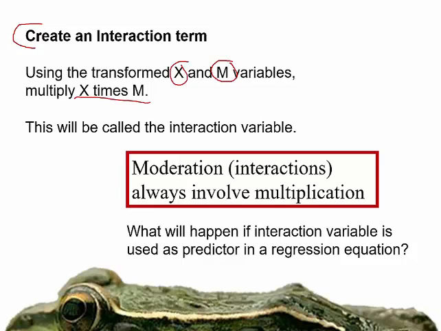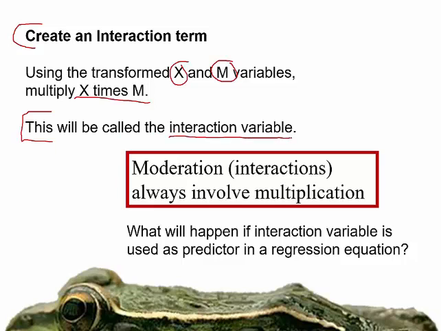So if my X variable was the Froggy Dancing Skills test, and the moderator is group membership, zeros and ones, whether or not you're a member of the dancing culture, I'll take your score for the group membership variable and multiply it by your score for the Froggy Dancing Skills test, for the X variable. And that product that I get when I multiply those two scores together will be called the interaction variable.